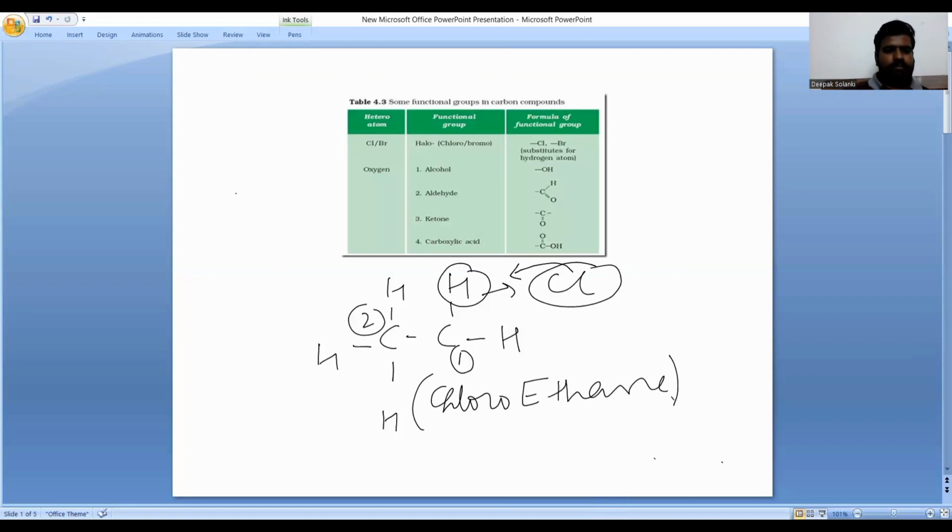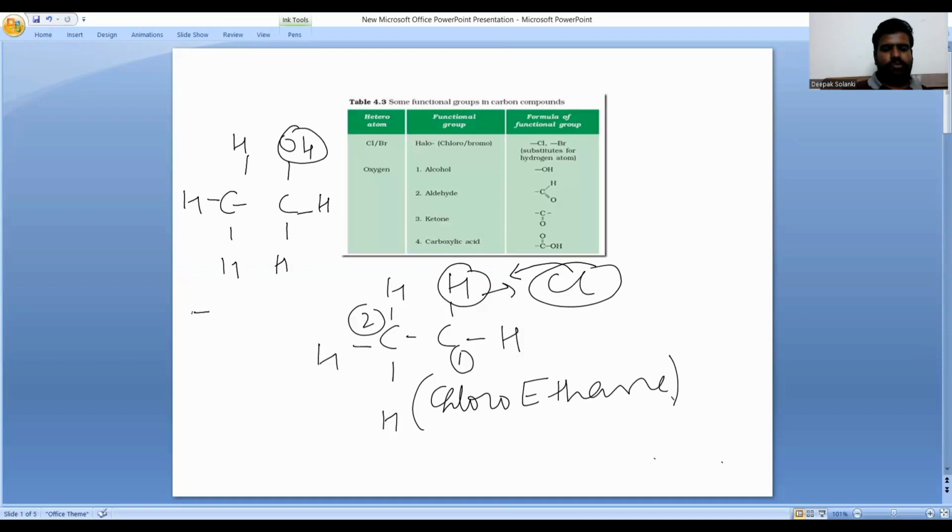Next, I can take the example of OH: C, single bond C, OH, H, H, H, and H. Here now the functional group is OH. Now what will the name be? If there is no OH, the name will be ethane.